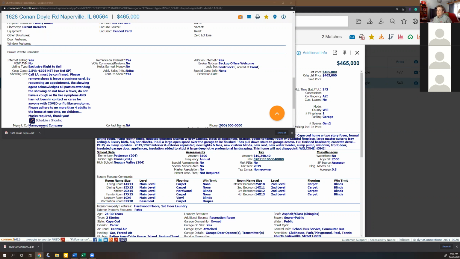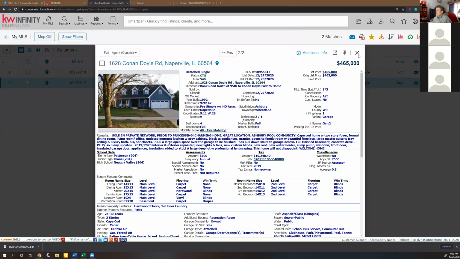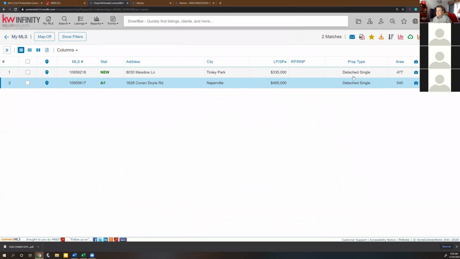Interesting. They're not holding earnest money. A lot more people are doing that. Okay, so now I've got a little bit about the property.